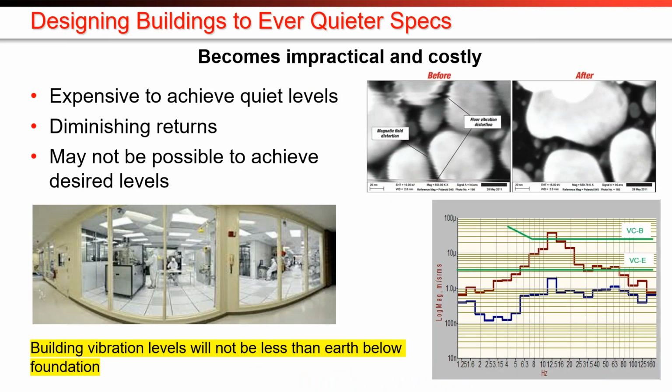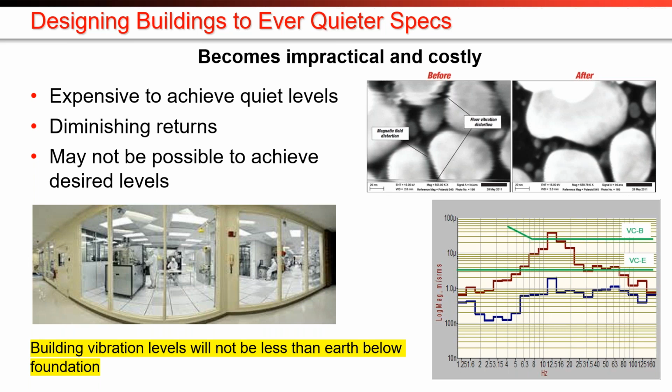So what's going on? What's going on is that because tools are more and more sensitive and their specs are getting tighter and tighter, there's pressure for architects to design buildings to ever quieter specs. And this is becoming impractical and very costly. You reach a point of diminishing returns, and to some extent, it's not even possible because you can't have the vibration levels in the building lower than the vibration levels on the greenfield site that the building is constructed on.